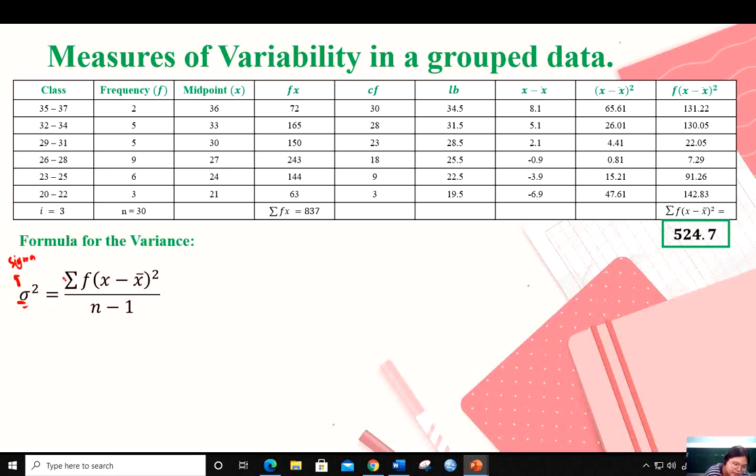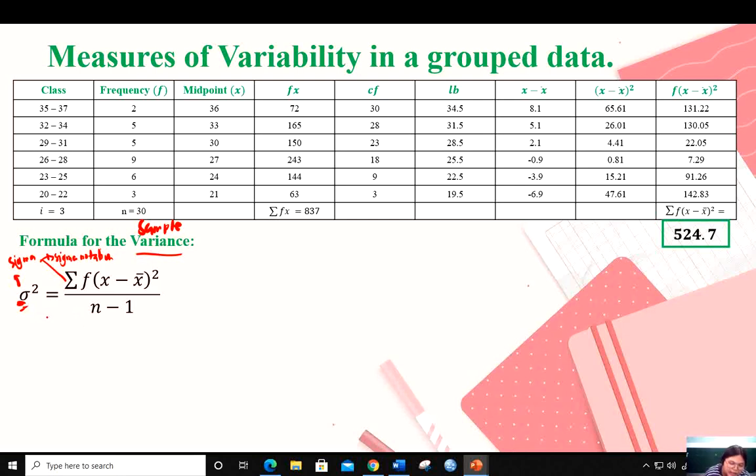Same lang siya dito, class. Ito, class, kasi ay sigma notation. Ito, class, is sigma lang siya. Pag variance, this formula is for the sample variance. Yung sample variance na class yan, ayan yung may squared. So ibig sabihin, pag may nakita kayong sigma squared, ibig sabihin sample variance.